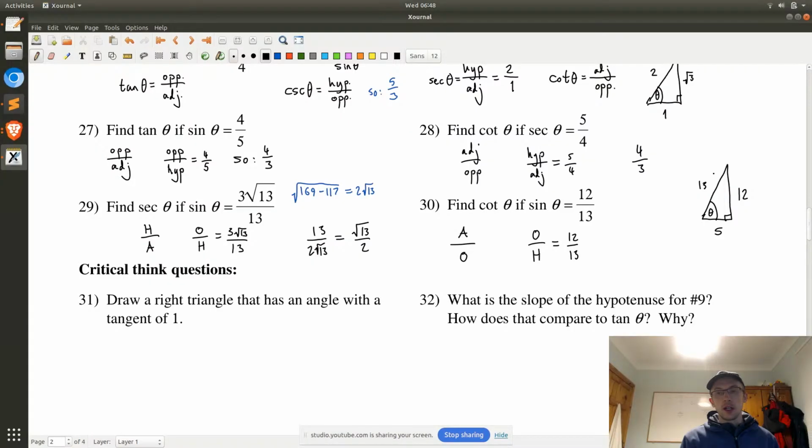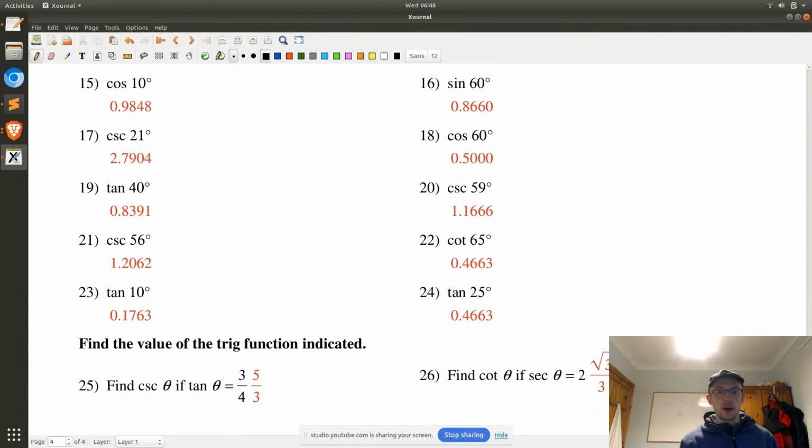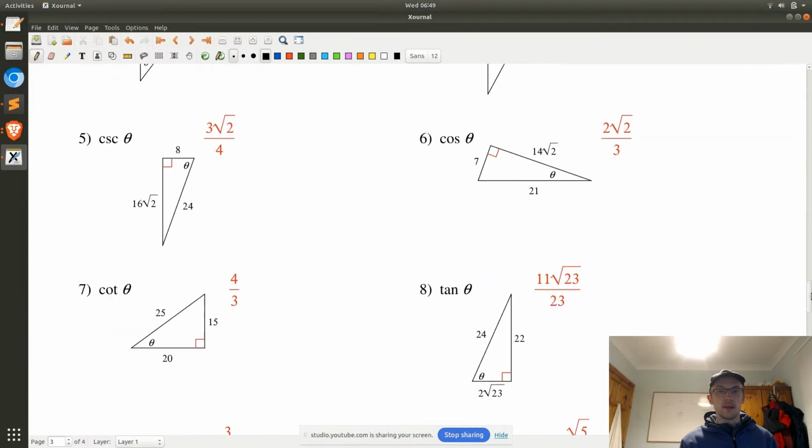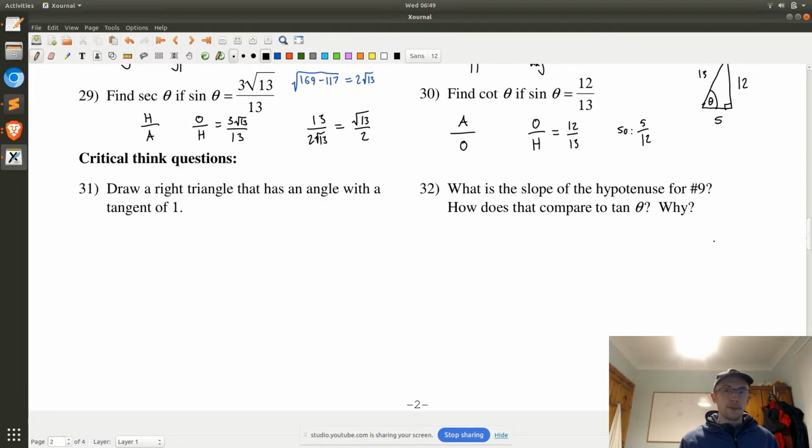Add them together, you get 169, which, when you square root it, is 13. So that means the adjacent side is 5. So cotangent of theta is 5 over 12. Let's check if that's right. And it is. Wonderful.